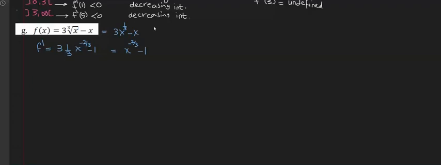We need now to equate this to 0, and we know that if we have a negative power, it was originally in the denominator. So this was 1 over x to the power 2 over 3, minus 1. So we have a denominator, but a denominator minus 1 doesn't look so good.